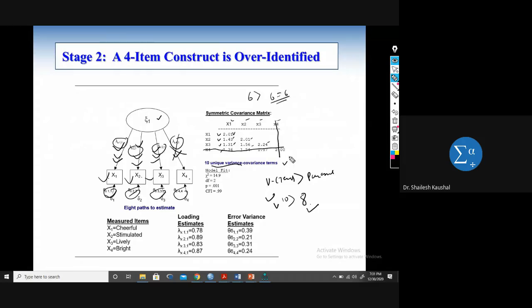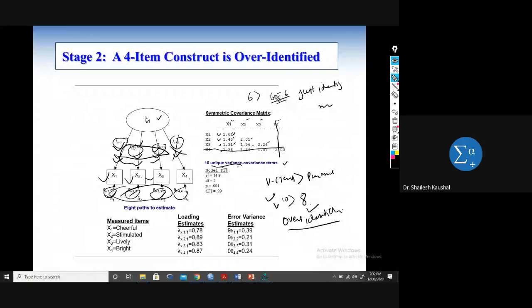If it is more than the parameters, it is called an over identified model. If it is equal, these are the 6 terms and here the 6 parameters, 3 here and 3 here, so it is a just identified model.